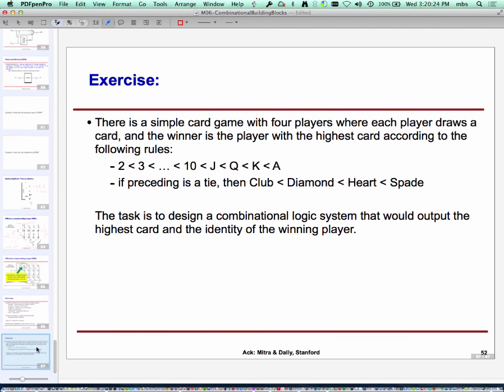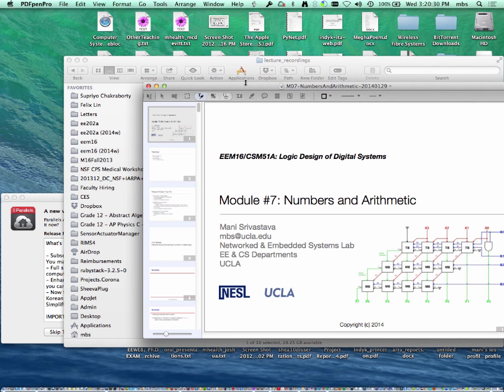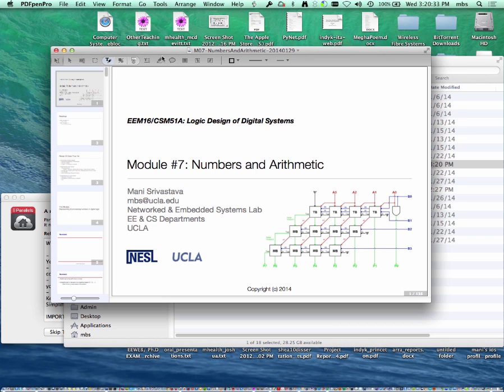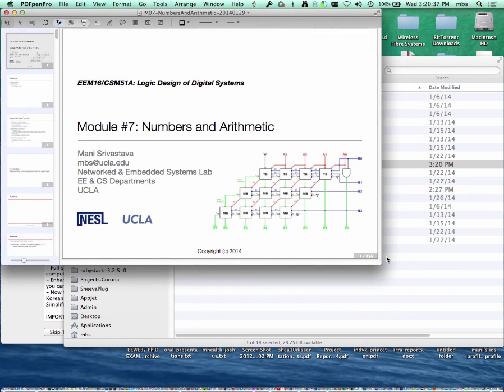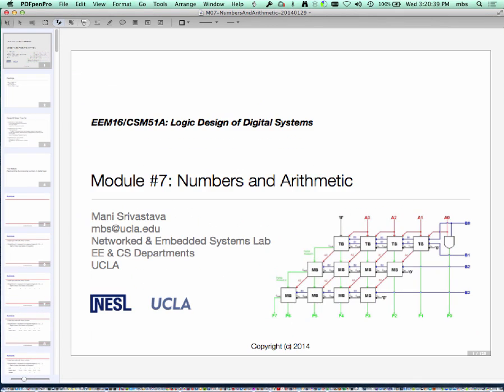Okay, so that ends this one. Let's look at another type of module. So we are going to look at numbers and arithmetic. So we already began to see a little bit of it.